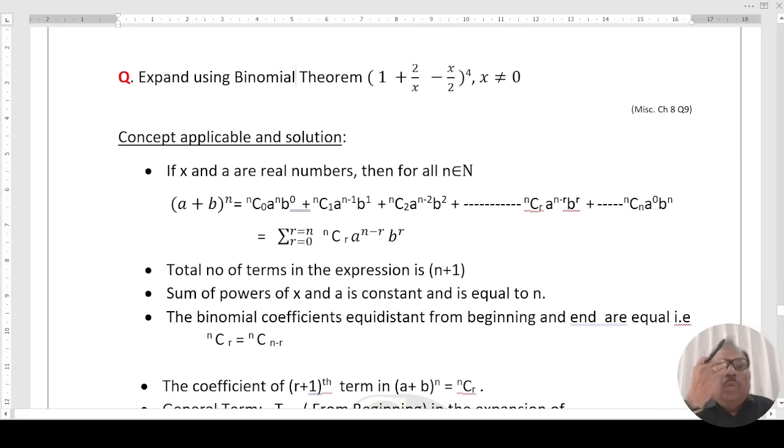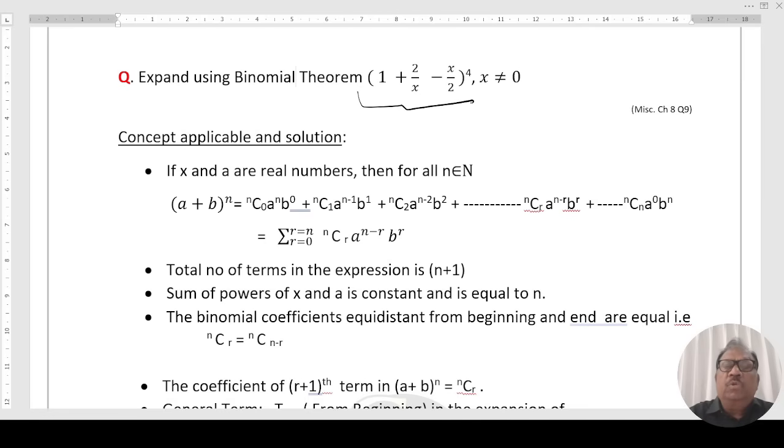Question is, using binomial theorem, we have to expand (1 + 2/x - x/2)^4. Right? Actually, it is a trinomial, but we have to consider it binomial. Binomial is the sum of two terms, means we have to regroup.